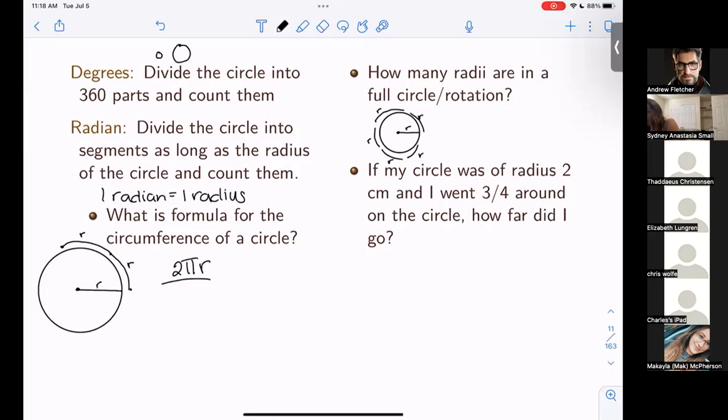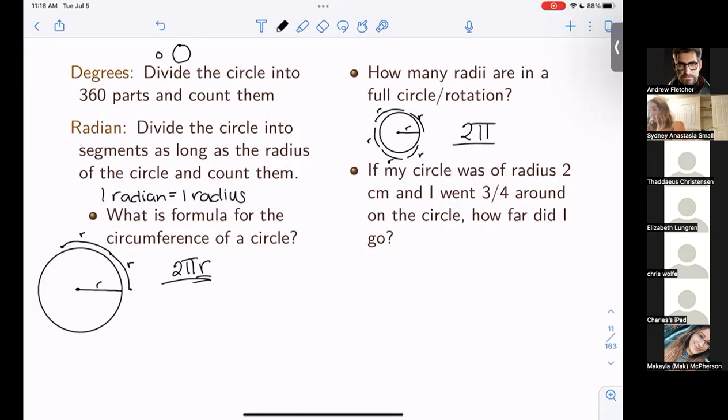Well, we know that there are 2 pi radii in the circumference. So circumference is 2 pi r, and 1 radius is just a radian. So how many radii are in a full circle? There are 2 pi of them.